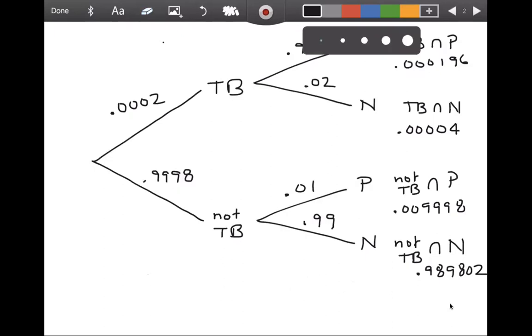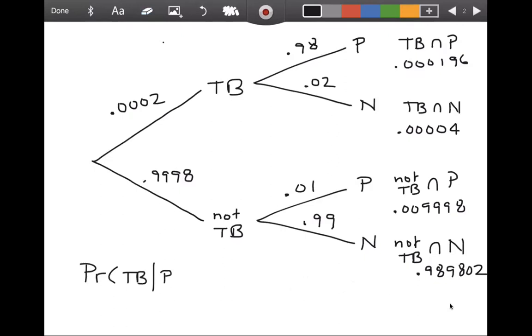In other words, what's the probability they have TB given that they test positive? All right, well, using the conditional probability formula, that would be the probability that they have TB and test positive divided by the probability that they test positive.